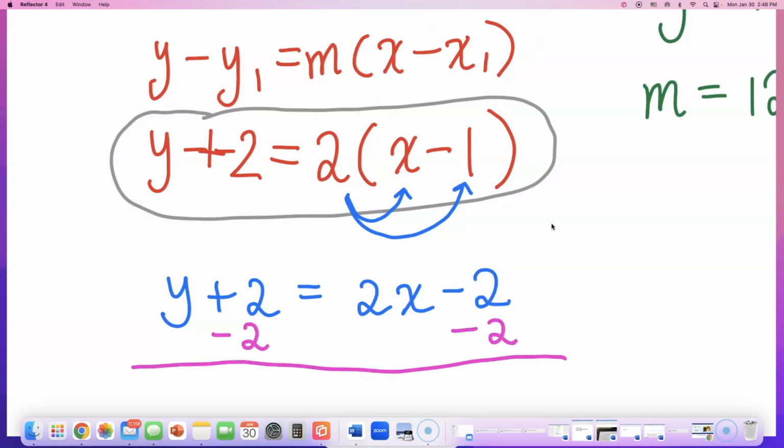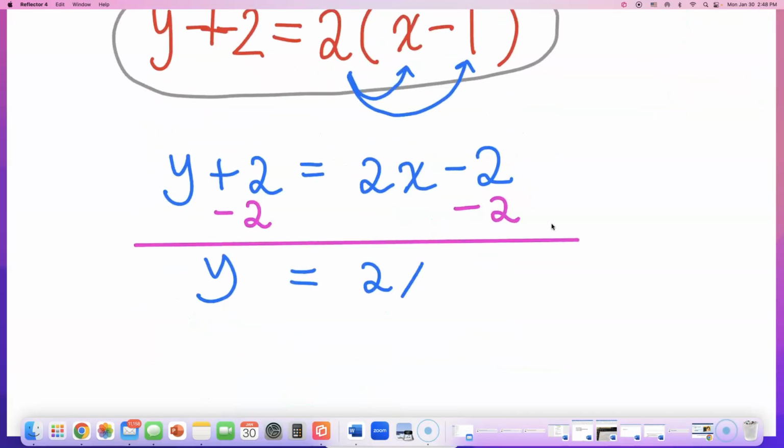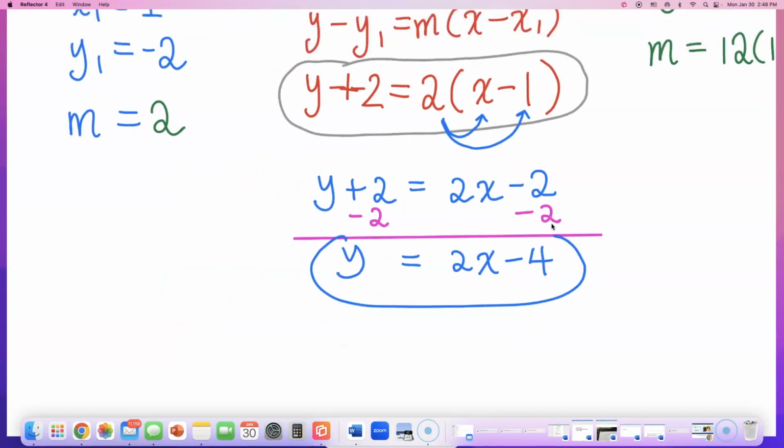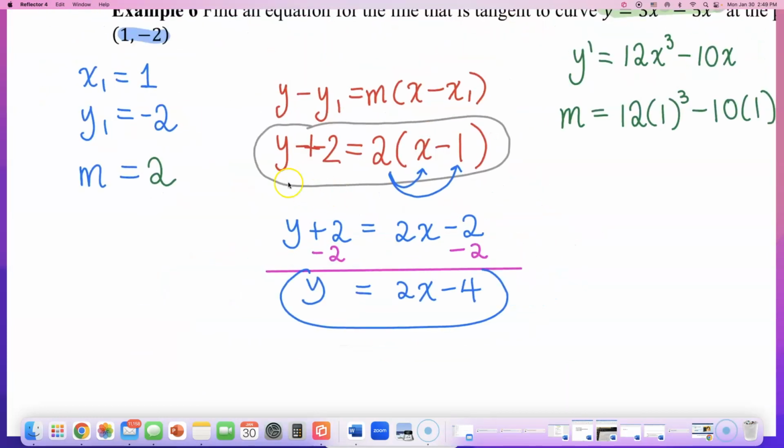So your final answer in slope-intercept form will be y equals 2x minus 4. Now, both are fine answers, okay? So you can stop on this point slope form on your test, but if your MyLab homework asks you to write it all the way in slope-intercept form, simply distribute and have y by itself, okay?